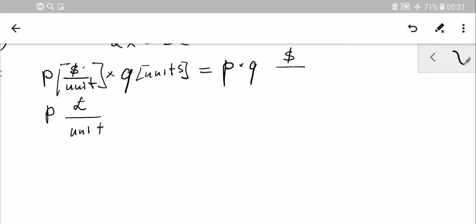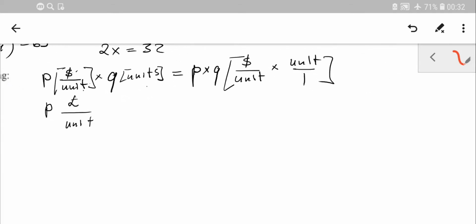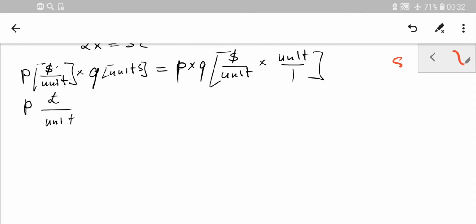For the first one, dollars per unit, we multiply by units, so basically we multiply by unit over 1. I simply use units and perform the operation of multiplication. I'm multiplying P, dollars per unit, by the quantity, in units. As you expect, in the end you should get the total cost or total price in dollars.